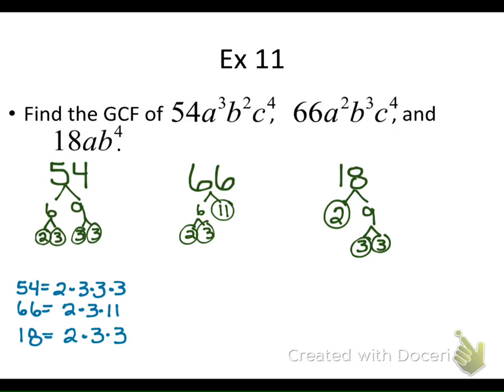So what are the numbers they all share? 2s. Do they all share 3? No, 66 has only one 3, and 11 isn't shared. So my greatest common factor for the numbers is 2 times 3, which equals 6.